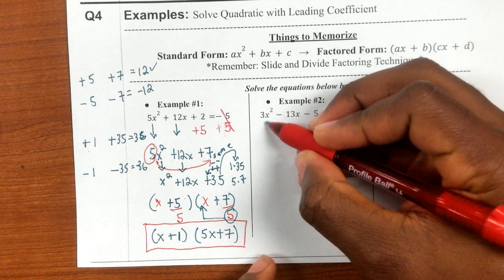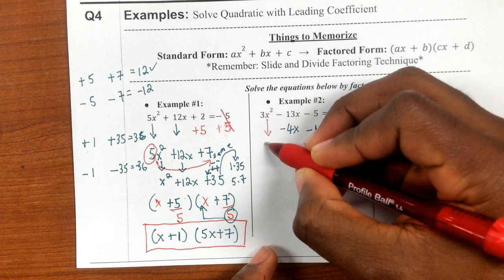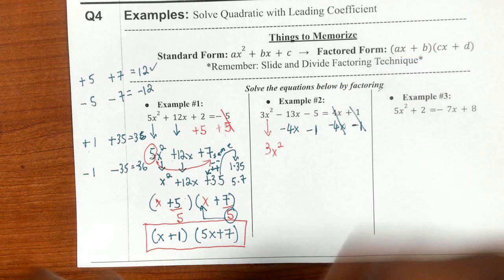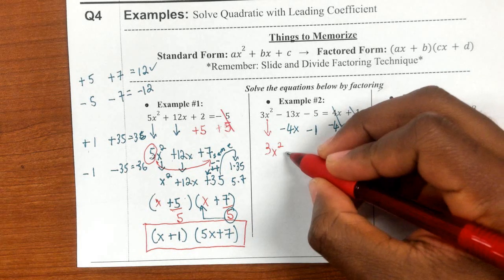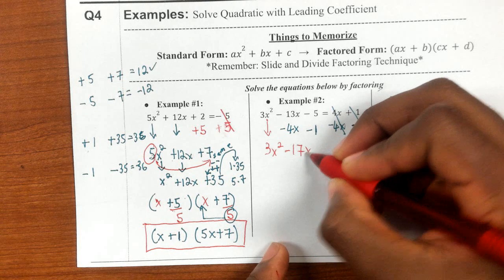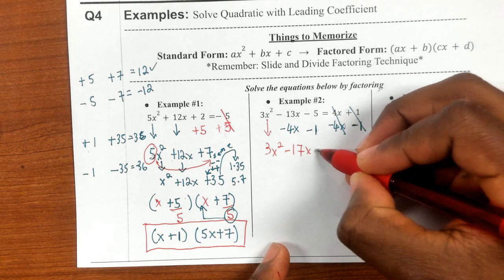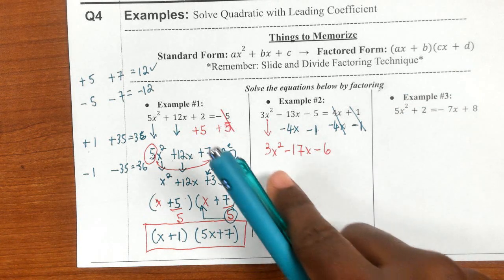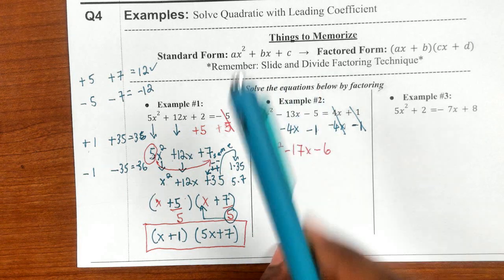We're not adding or subtracting anything to 3x squared, so you bring it down. I am subtracting 4x from negative 13x, and I get negative 17x. I am subtracting 1 from negative 5, and I get negative 6. Now we have everything on the same side, and it looks like the standard form for a quadratic.